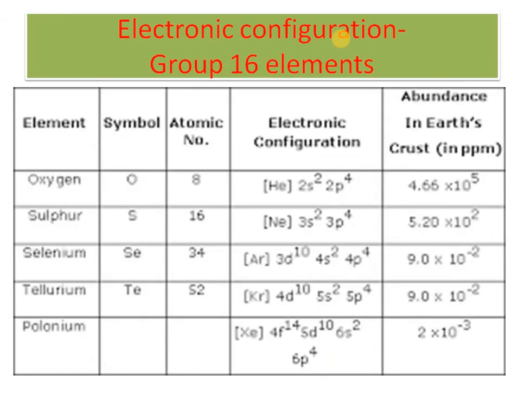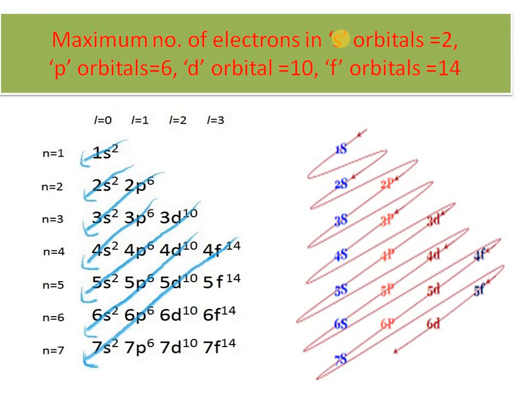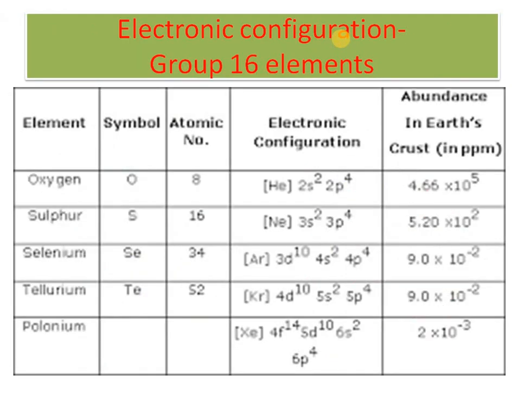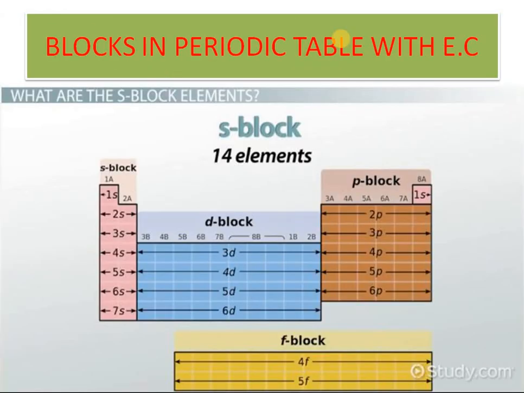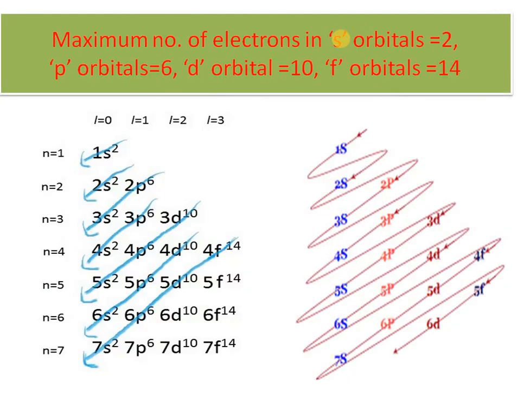Similarly, if you are talking of sulfur, the total atomic number is 16. 1s2 will be filled, then 2s2, then 2p6. Total 10 there now. Then 3s2, and now 3p6 will not come, 3p4 will come. So this is the way we have to fill. Now, to fill 34: 1s2, 2s2, 2p6, 3s2, 3p6.